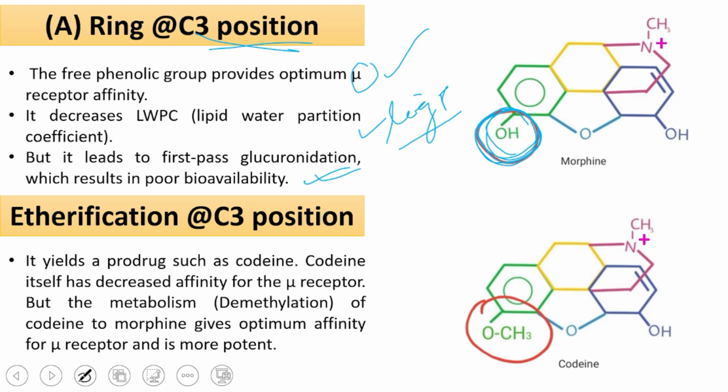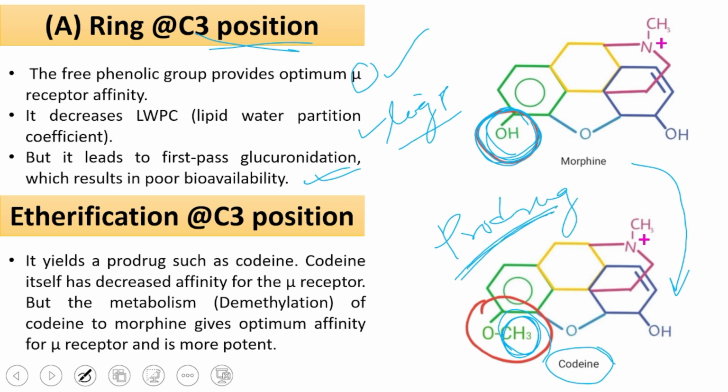When we put a CH3 group at the C3 position, it yields codeine, which decreases the affinity for the mu receptor, but it is a prodrug. I will give this concept in a later video. After metabolizing to morphine, it goes directly to the mu receptors.